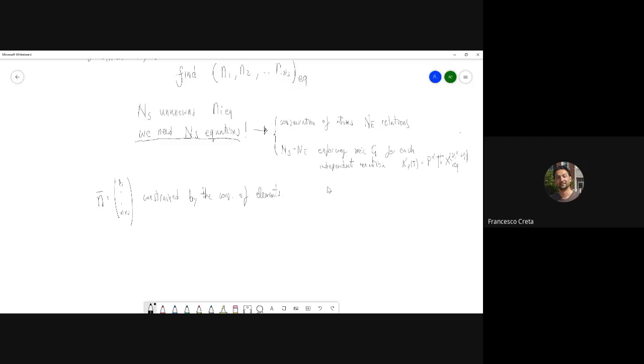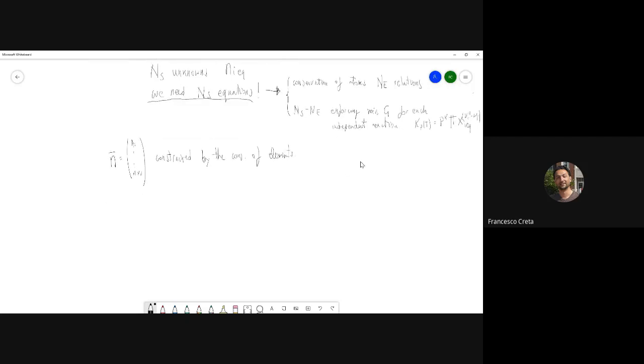Well, we already know how to write this because if you remember, there exists a matrix A, whose elements, let me write this in an elemental fashion as A_ij, okay? These are the elements of the matrix A. And this is a matrix which has NE rows and NS columns.